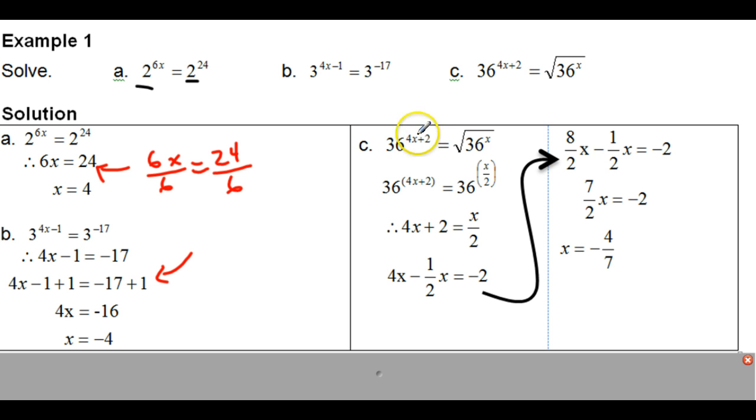And then as we move forward, we can see that we have the same base here, 36 and 36. We have to remember what the square root means in terms of exponents, though. A square root is the same as exponent 1/2, and so this is essentially 36 to the exponent x, all to the exponent 1/2. From last day, when we have an exponent to an exponent, that's a power rule, and so x times 1/2 is just x halves.